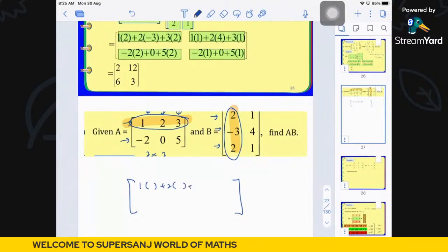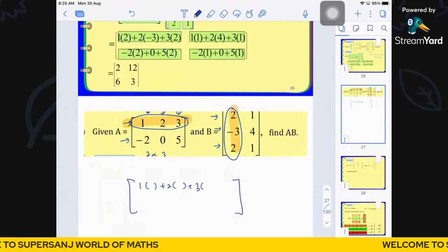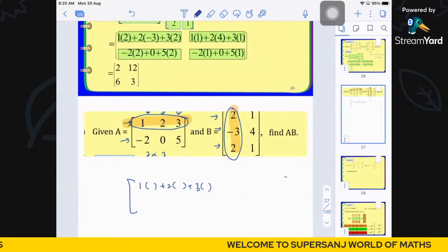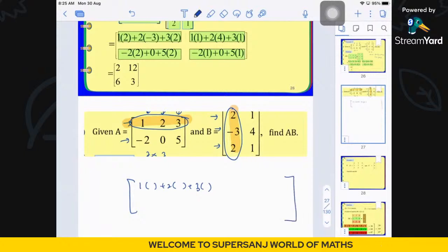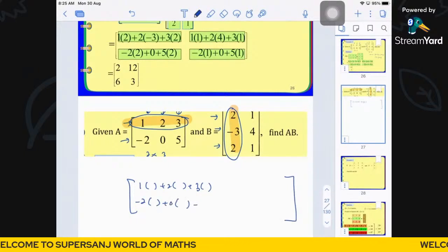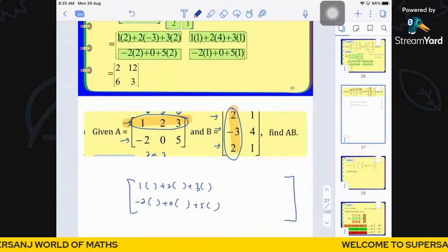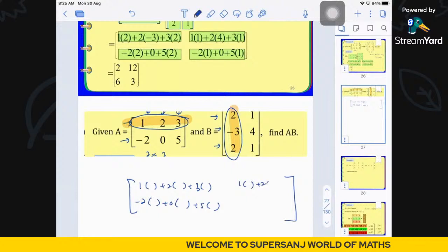Then the second row there is going to be negative 2 bracket plus 0 bracket plus 5 bracket. Okay, that is for the first row and the first column. So the row over here also you put like this, 1 bracket plus 2 bracket plus 3 bracket. Why? Because got 2 columns at B there.